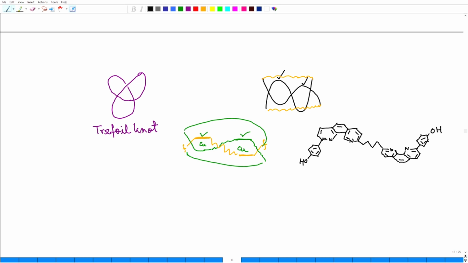Okay. So, this is the compound. Binding site rigid. It is like this. It's looking so bad. Let me draw it well. Now it is all right.